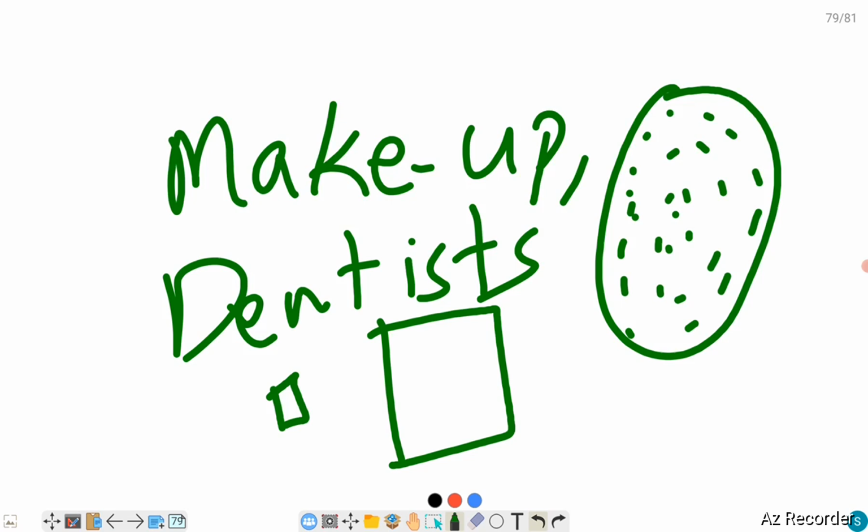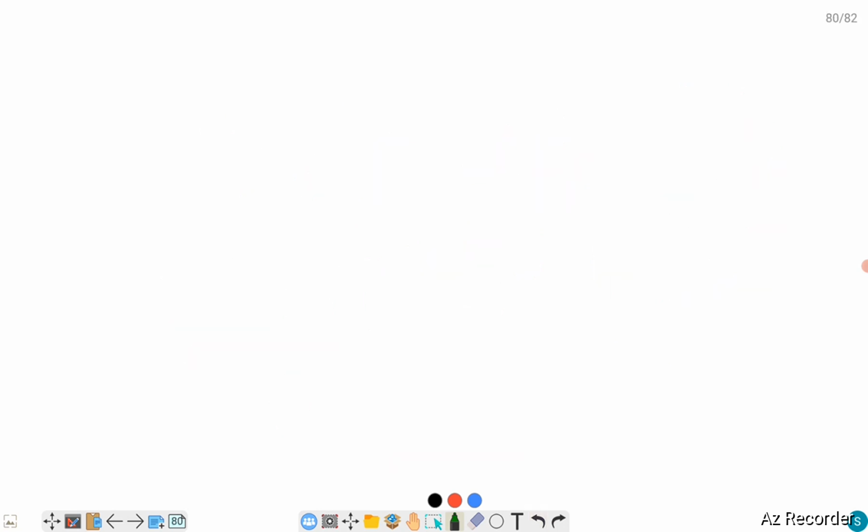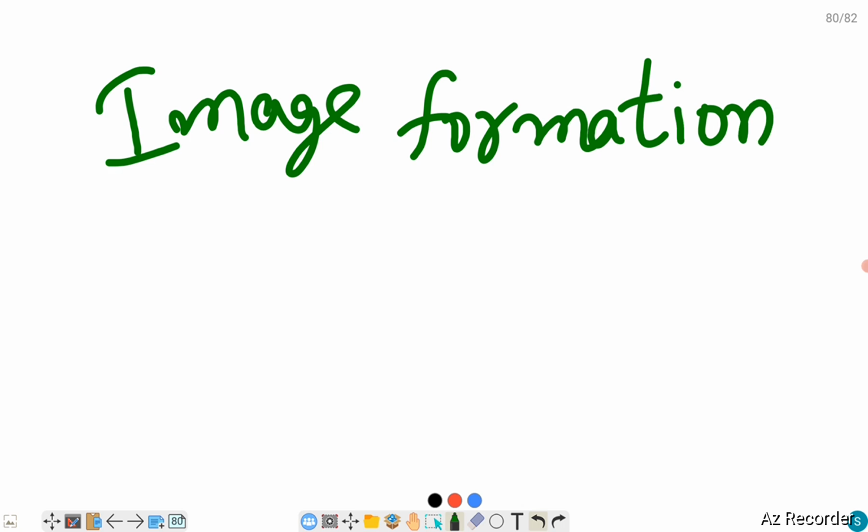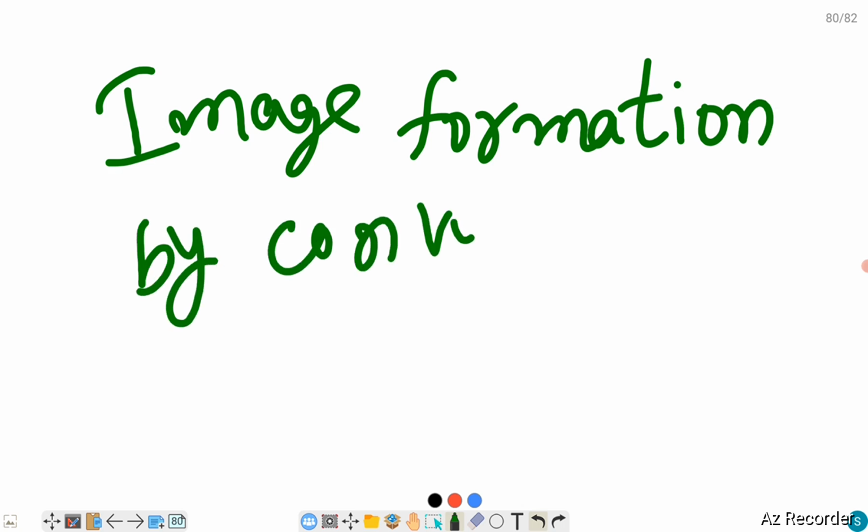Understood? Now we will do image formation by convex mirror. It is easy, only two cases will be there. Now the first one: object at infinity.